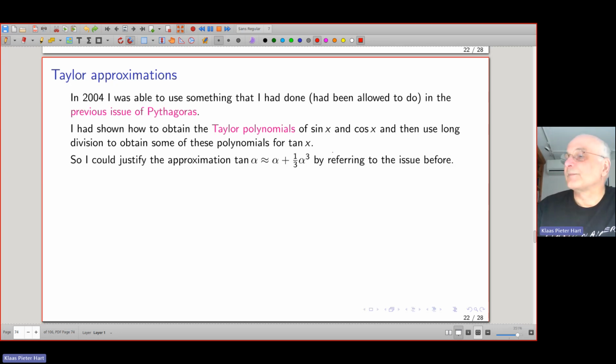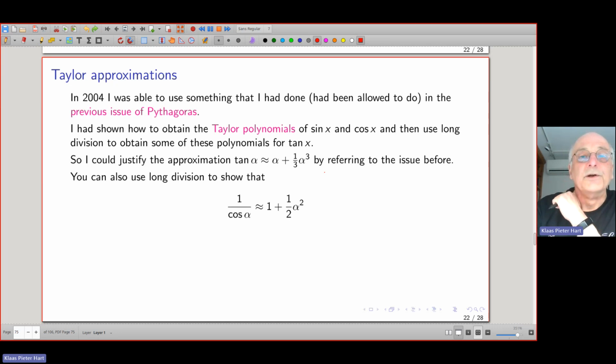And so this is what we would call the third order Taylor polynomial of the tangent function. And the difference between that and the tangent function is way smaller than alpha. It's even way smaller than alpha to the fourth. And it's roughly of the order alpha to the fifth. But that's the thing that you would learn in university calculus.